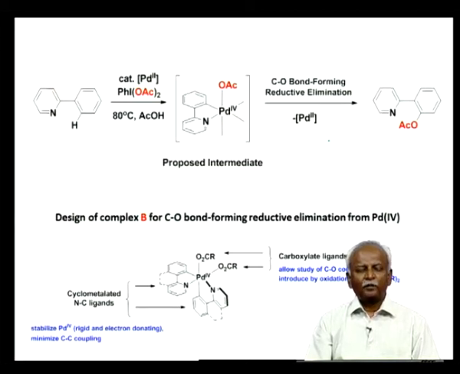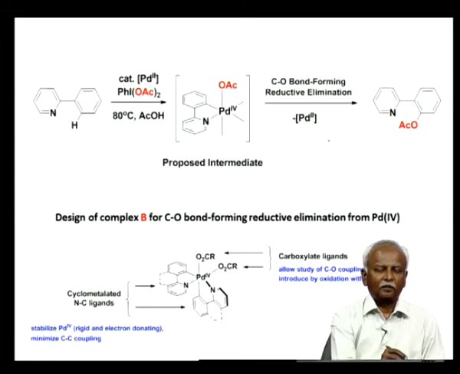If you take a species which is palladium 2, you can have a palladium 4 intermediate through an oxidative addition of a CH bond. In this particular instance, the CH bond that is oxidatively added is given here.